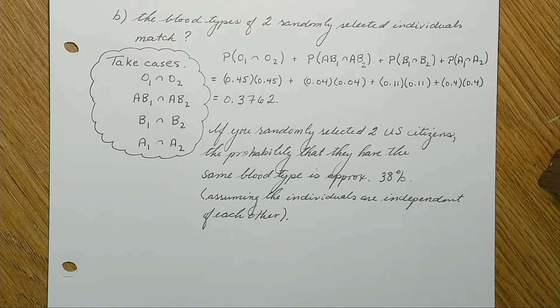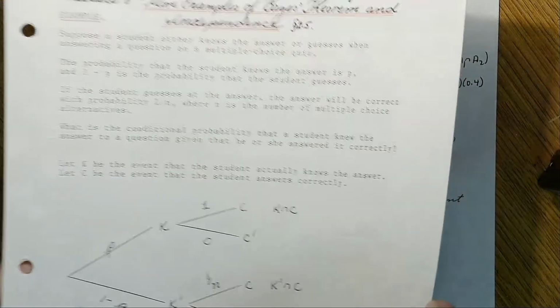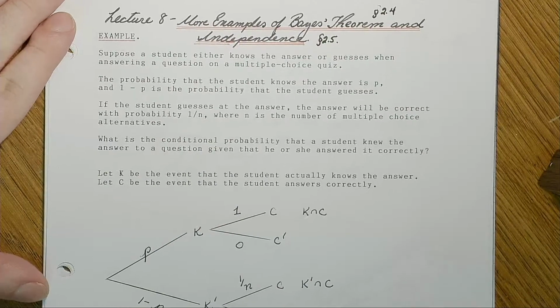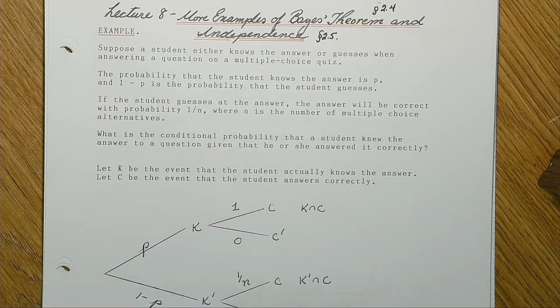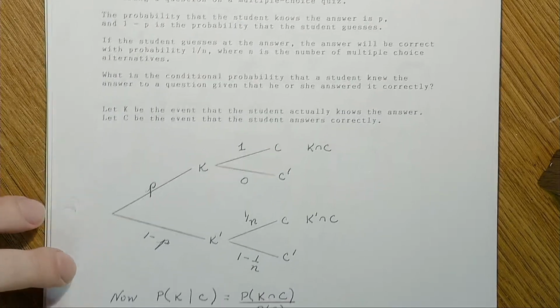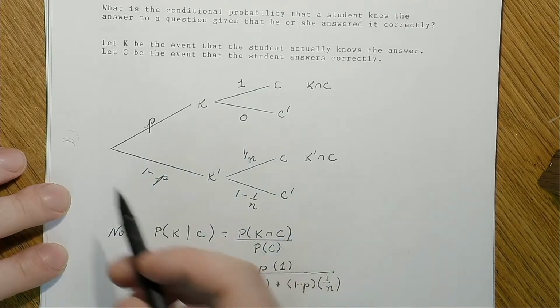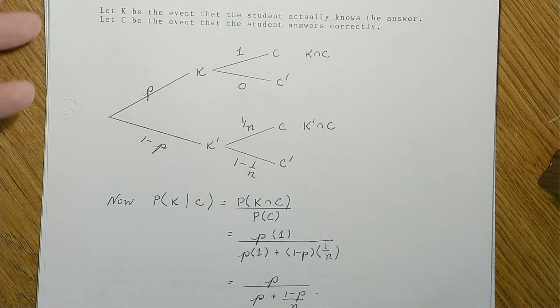Okay, so just to go over what we had covered today. For lecture 8, we had gone over some examples of Bayes' theorem, and that's in section 2.4. We covered one where we looked at students doing a multiple choice test.